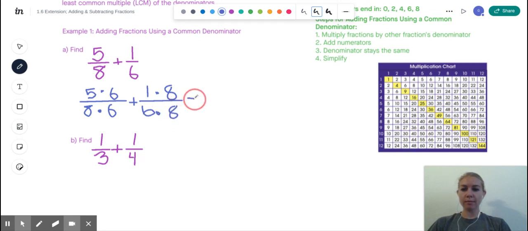Okay? So let's go ahead and solve our first one. 5 times 6 is 30. And 8 times 6 is 48.